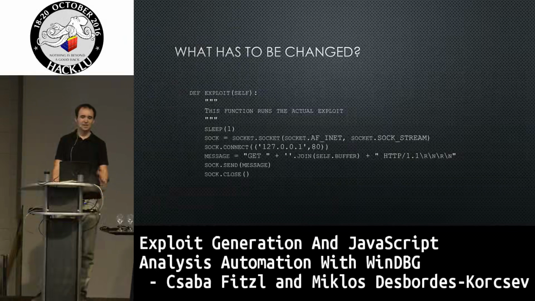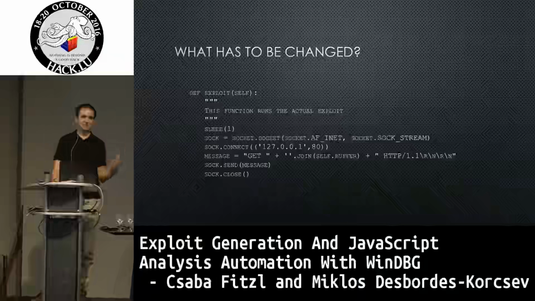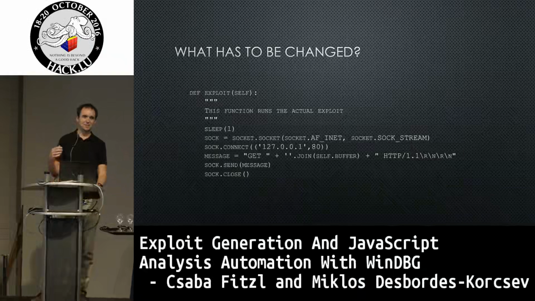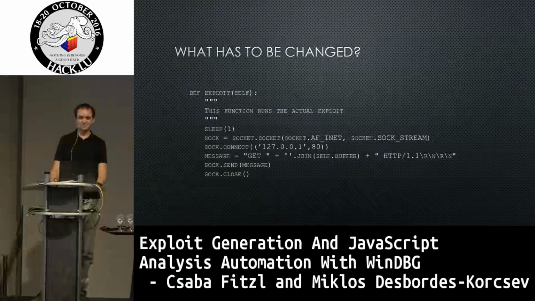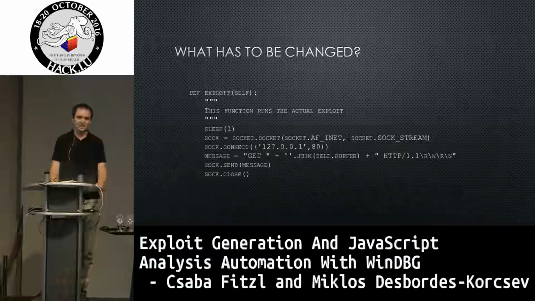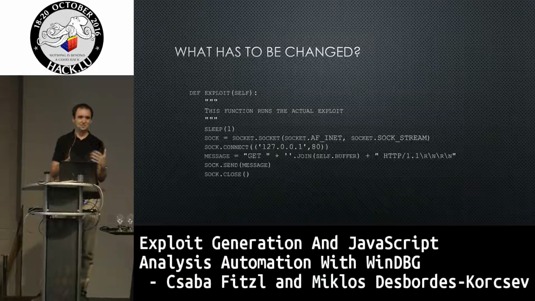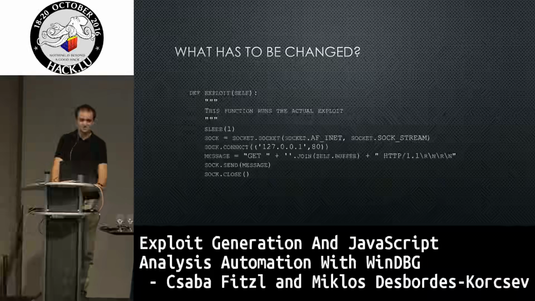And the reason I have to have this class is because I have to modify the buffer on the fly based on the information I gathered during the analysis. So that buffer is constantly evolving, either with the patterns or with the bad characters triage and so on.